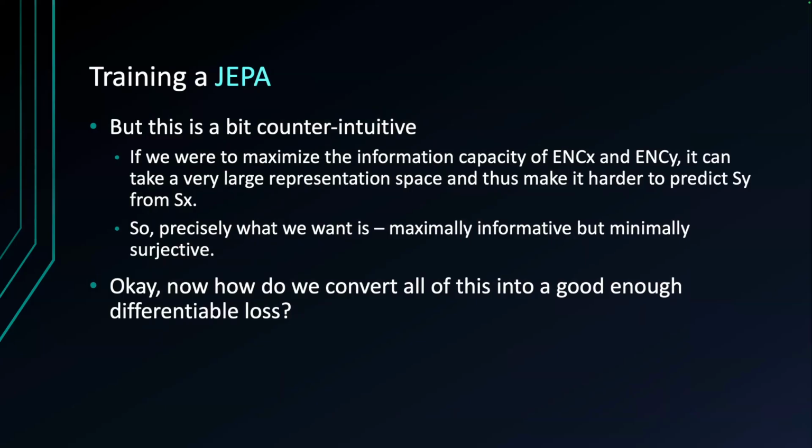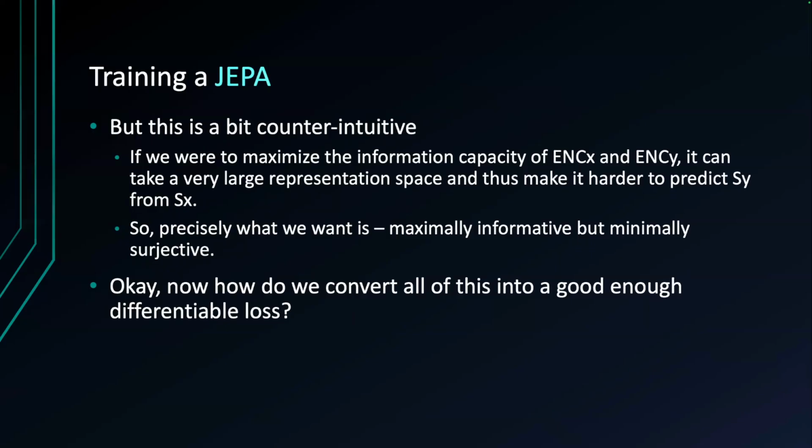You explode the information capacity by giving a very large dimensionality to encoder X and encoder Y. That is how you increase the information content, right? You increase the dimensions. But we already know there are a lot of problems associated with doing that, because there's the curse of dimensionality, there's collapse happening, and a lot of other things.